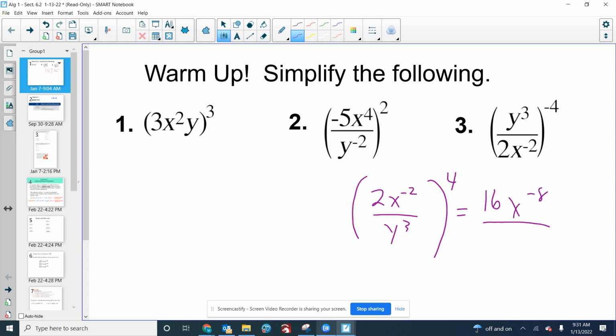What's 3 times 4? Okay. Everything's good, right? Alexis, what is wrong with my answer? I can't leave that x to the negative 8. Where does it go? So tell me what my final answer is going to be. Careful. Does the 16 go down below? No, 16's up.